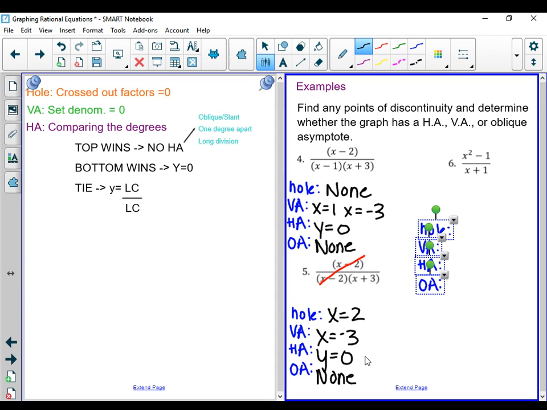So number 6. If I factor this, I get x plus 1, x minus 1, all over x plus 1. My x plus 1's cancel, which means I have a hole at x equals -1. Do I have a vertical asymptote? Nope, nothing's left.